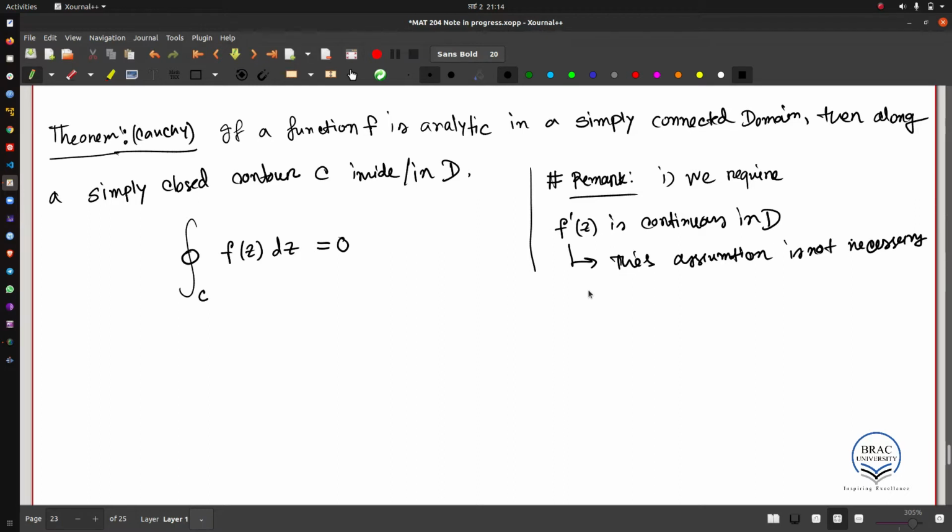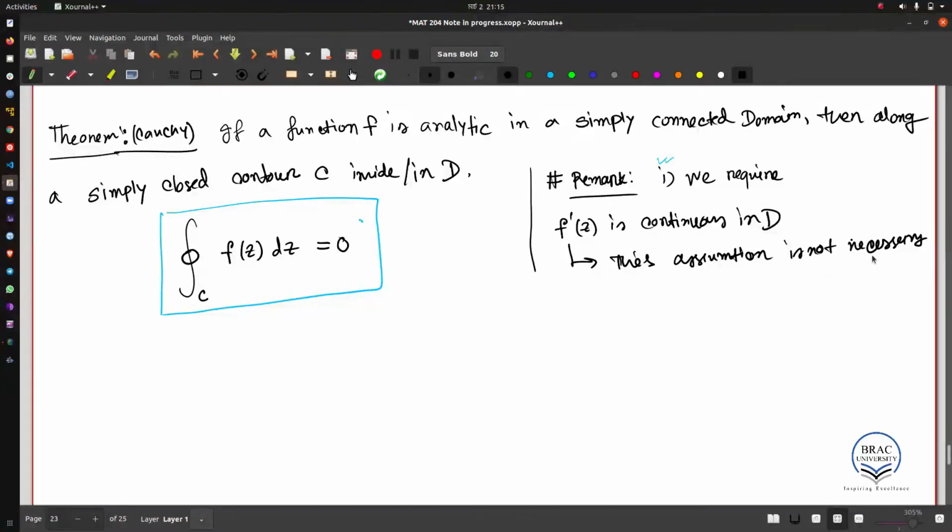That means there is a generalization of this theorem which tells you the same thing, but it doesn't rely on the assumption that the derivative of the function inside that domain has to be continuous. In fact, from the Cauchy-Goursat theorem, you can see that this condition, that f prime of z be continuous in D, becomes a consequence of this result. But we will not get into that, it's just a remark.